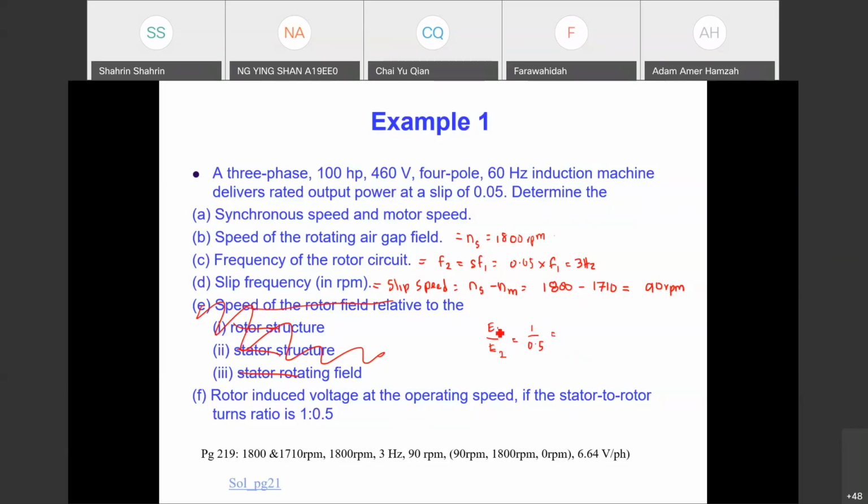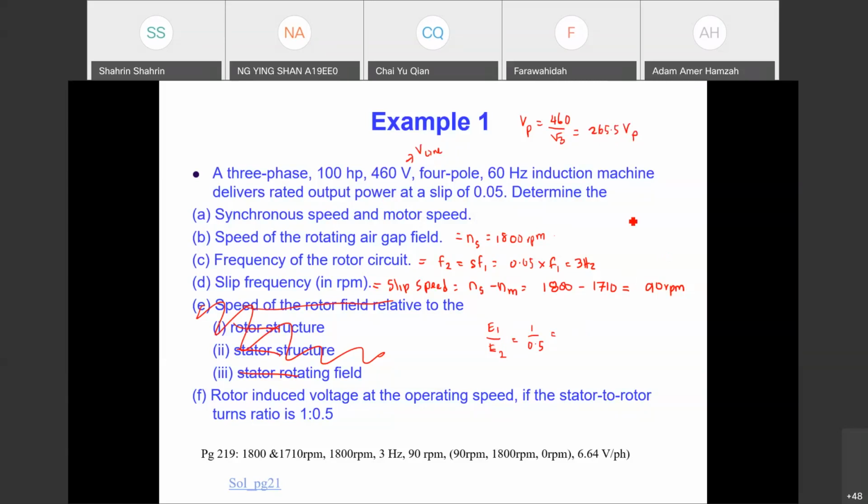And E1 here, we assume is equal to your V line. So this one is actually a phase value. So you need to convert into V phase first. So 460 over square root 3. So this one should be 460 over square root 3 is 265.5. So this one is V phase.